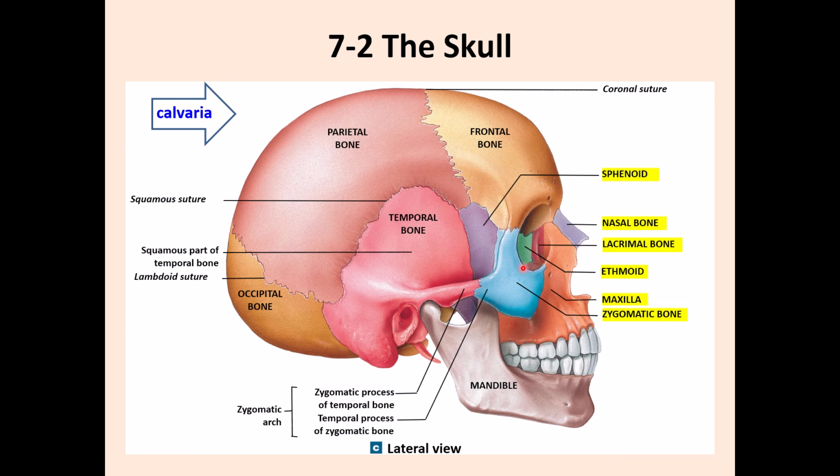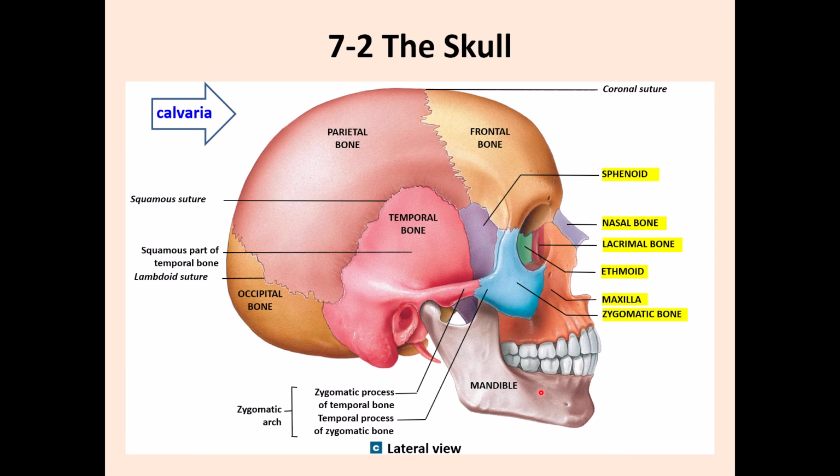This is the orbital cavity that I was telling you, where the eye is located, and this is the ethmoid bone located medially. Anterior to that is the lacrimal bone. Anterior to that is the maxilla. This whole thing is the upper jaw, this is maxilla. And here is the nasal bone, which makes the upper part of the nasal cavity.